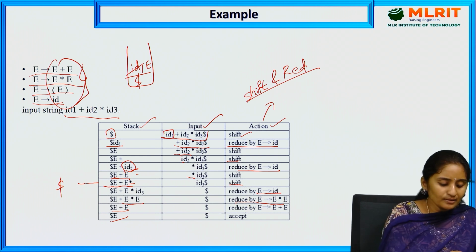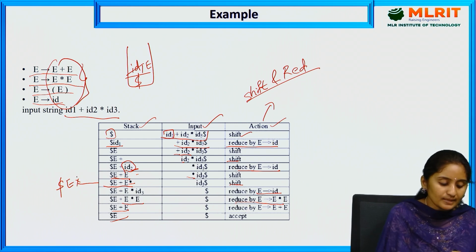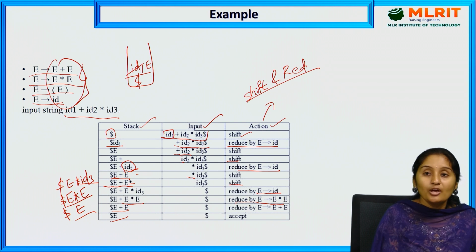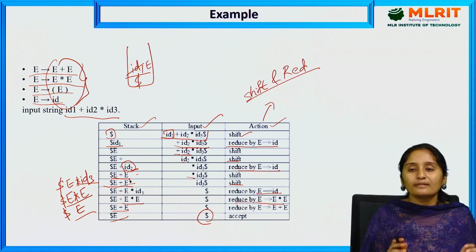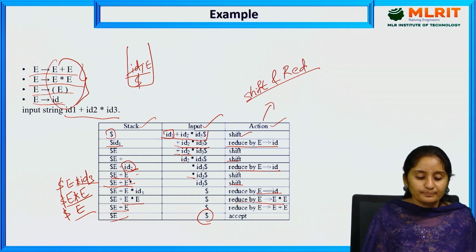If you want to reduce here, you can reduce E plus E to E. The next I have is star, then ID3, and then E star E. Next, $E star E is present. Yes, it is present, so it generates the start symbol. Both give me the same output. It should generate the start symbol and the input reading should also be complete. That is indicated by $. Dollar indicates that I have completed reading my input string. So this is one example of shift reduce parsing. In detail, we will discuss it in the next class.